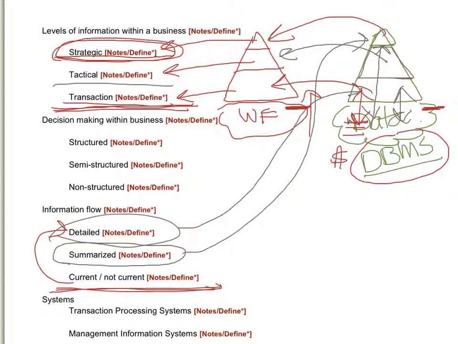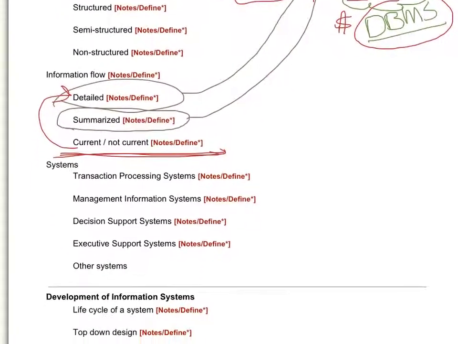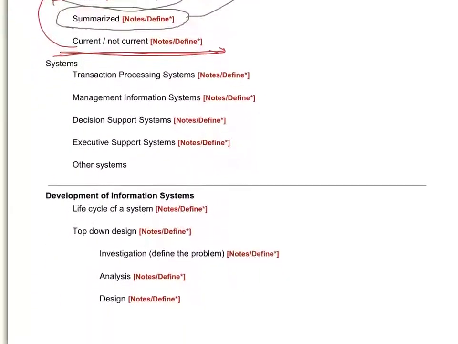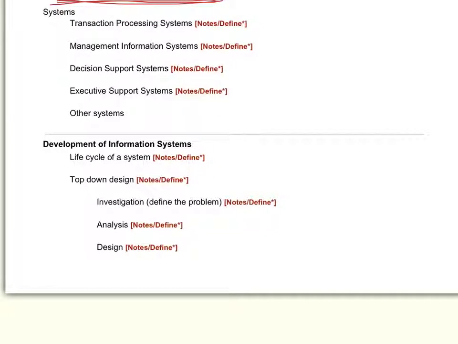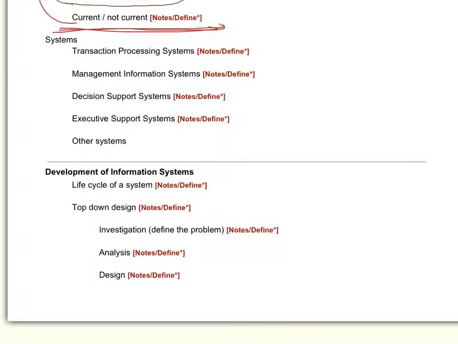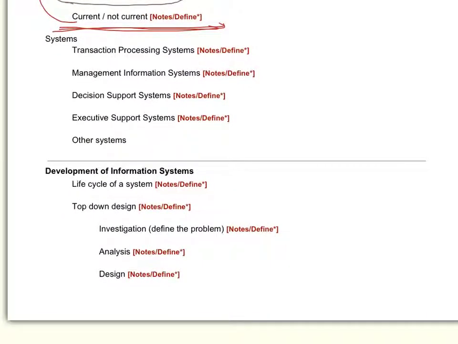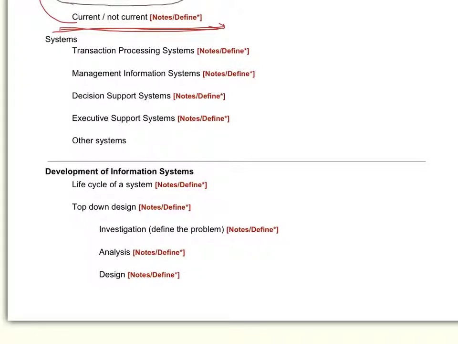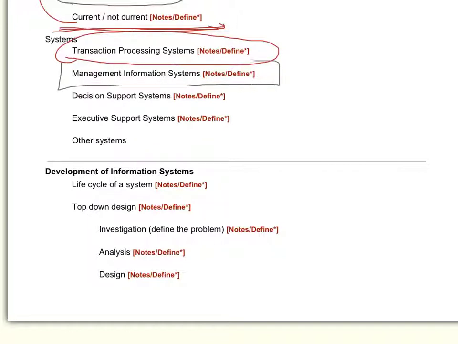All right, so let's move down. We've already talked about systems, information as far as different types of systems, and I'll review that briefly. I just mentioned above the transaction, MIS, Management Information Systems.